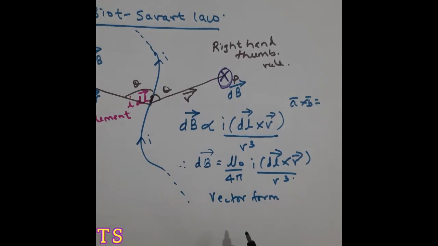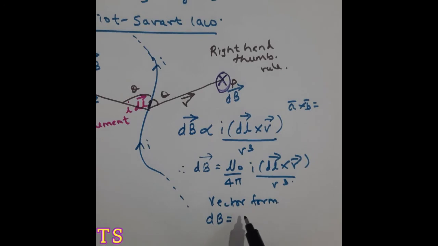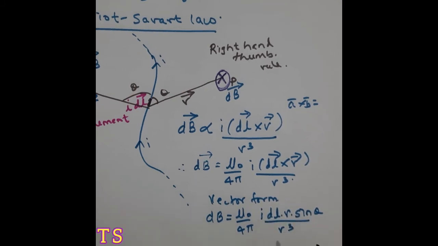So if I convert this into only the magnitude, I get dB equals mu naught upon 4 pi, I dl r sine theta upon r cube.